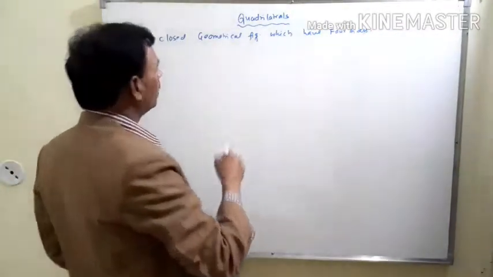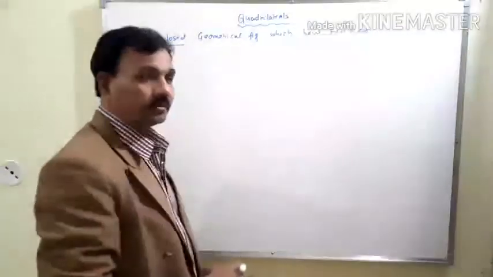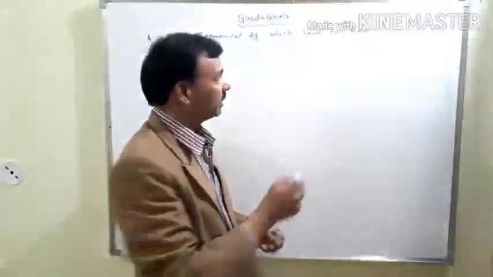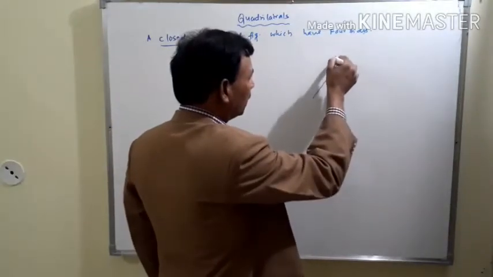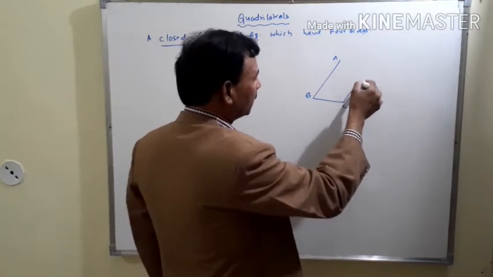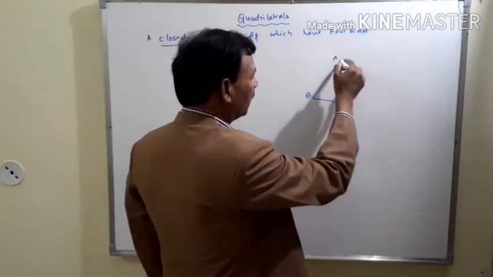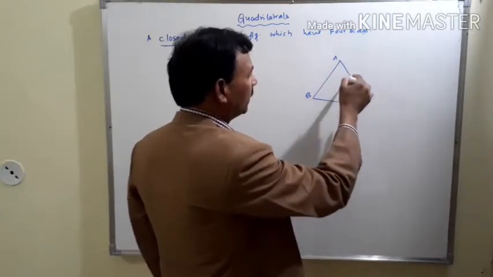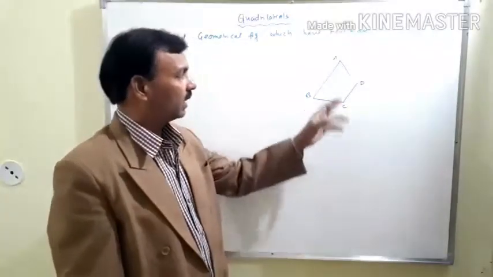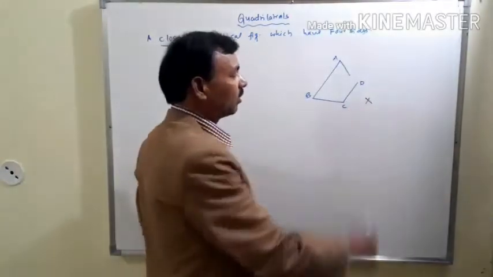In this definition, one thing is very important: closed. If a figure has four sides but is not closed, for example AB is the first side, BC the second side, CD the third side, and there is no closed figure but it has four sides, 1, 2, 3, 4, then this is not a quadrilateral.